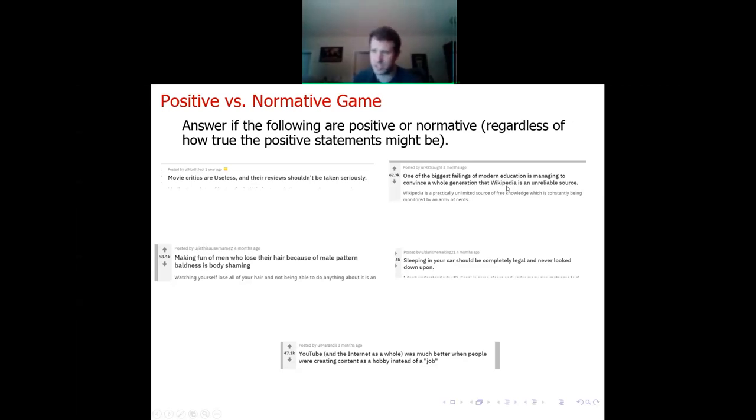So that to me is a positive claim. A corresponding normative claim would be you shouldn't make fun of people with male pattern baldness, which is absolutely something that you should not do. I'm proof in the pudding. If you make fun of male pattern baldness, you're losing 5 points on your midterm.